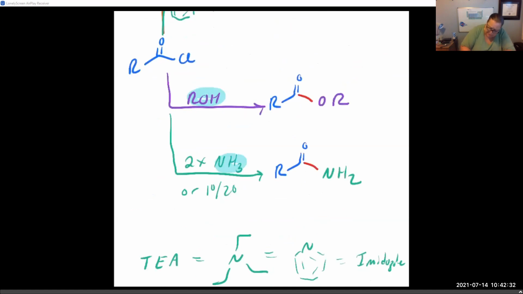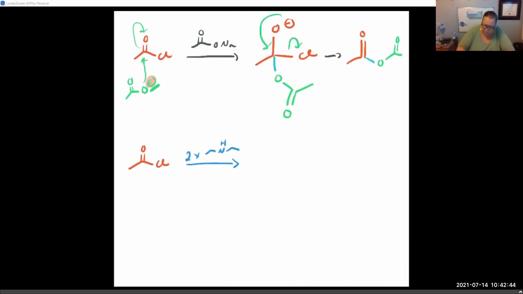I forgot to add the pyridine to the alcohol. Sorry about that, folks. All right. And so we've got 2 equivalents of the amine. So what's going to be the first step here? What's going to happen for this reaction right here? What's the first step?